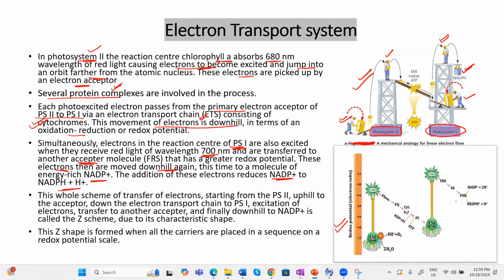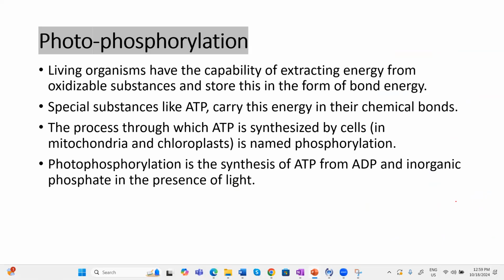Now, during this electron flow, we are able to make ATP. Plants are able to make ATP. The process by which they make ATP is known as phosphorylation. They have the capability to extract energy from any oxidizing substance and store it in the form of a bond. So ATP is the one which they prepare.